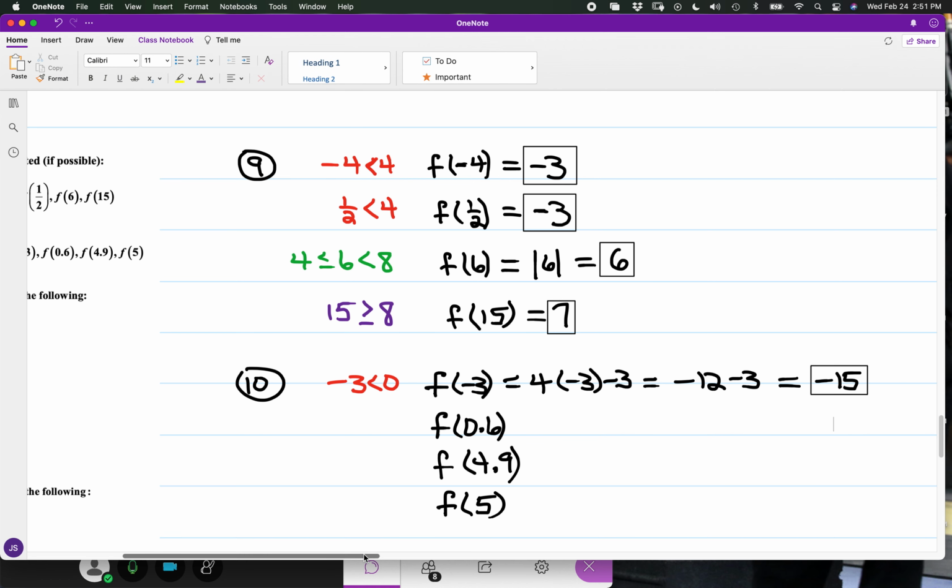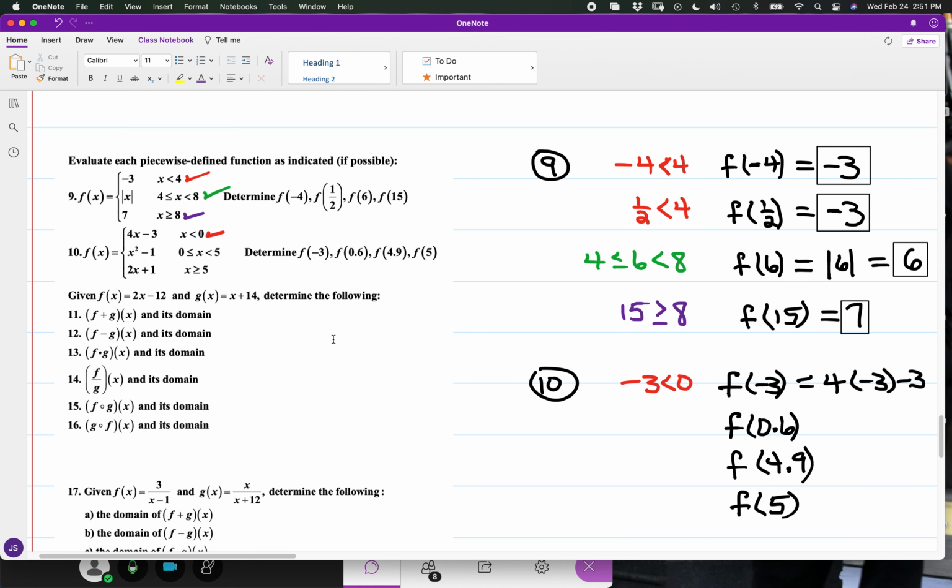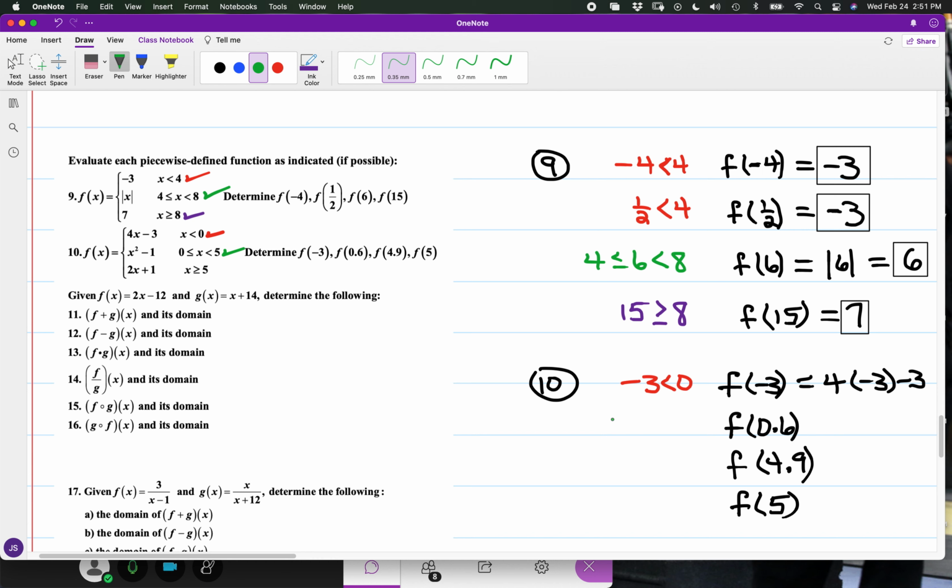Okay, now for the input at 0.6. Now 0.6 is a positive value and it cannot be negative, so it cannot be less than 0. Now we do have 0.6 lies between 0 and 5. So you have that 0 is less than or equal to 0.6, which is less than 5.